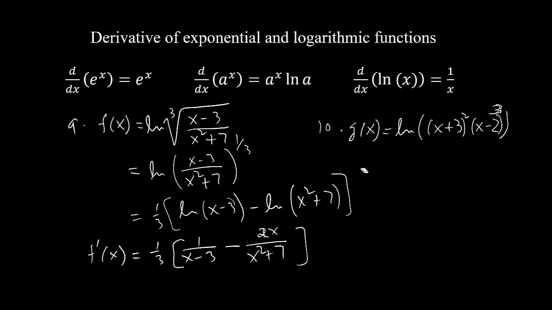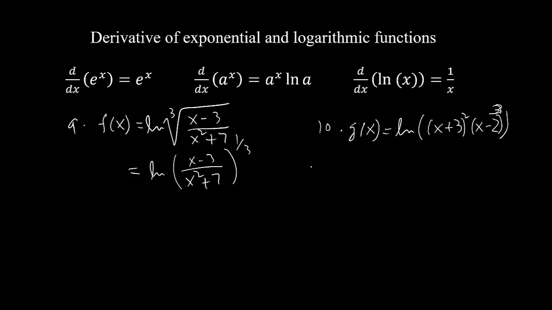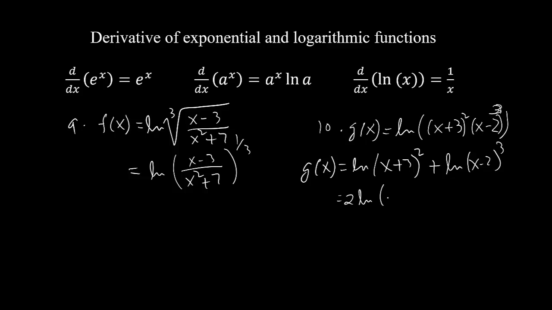I want to do number 10, but let me have some space here. So we can rewrite our problem with the logarithmic properties, that you will write natural log x plus 3 squared plus natural log x minus 2 to the 3, and then apply again property, 2 will come in front, 2 natural log x plus 3 plus 3 natural log x minus 2.